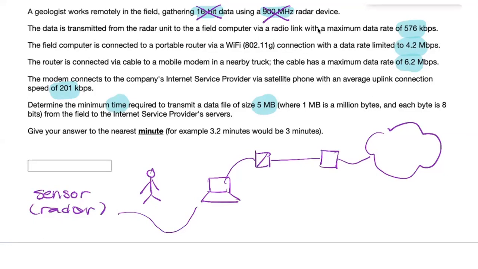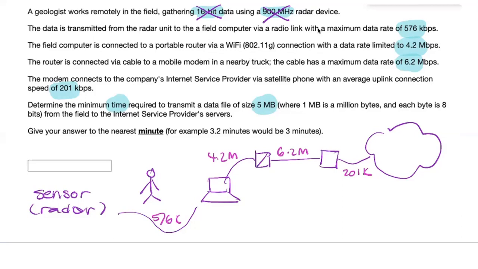So here we have 576K. Here we have 4.2 M, 6.2 M, 201K. Now, in your question, you'll have different numbers. What matters here is the bottleneck. So we're interested in the lowest speed.